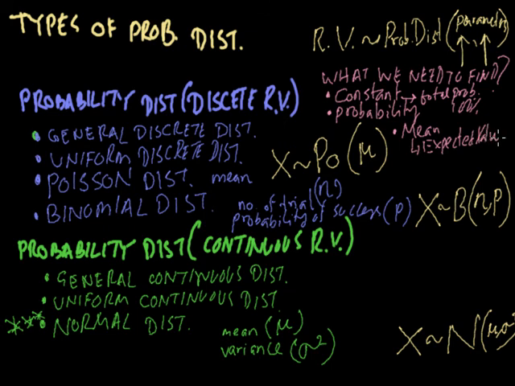Whenever we are talking about the mean of a probability distribution, it is called expected value. And the final one you need to know is the variance. Variance is nothing but standard deviation whole squared. So these are the questions that are most commonly asked in exams, so you will be asked to find these and how to deal with them.